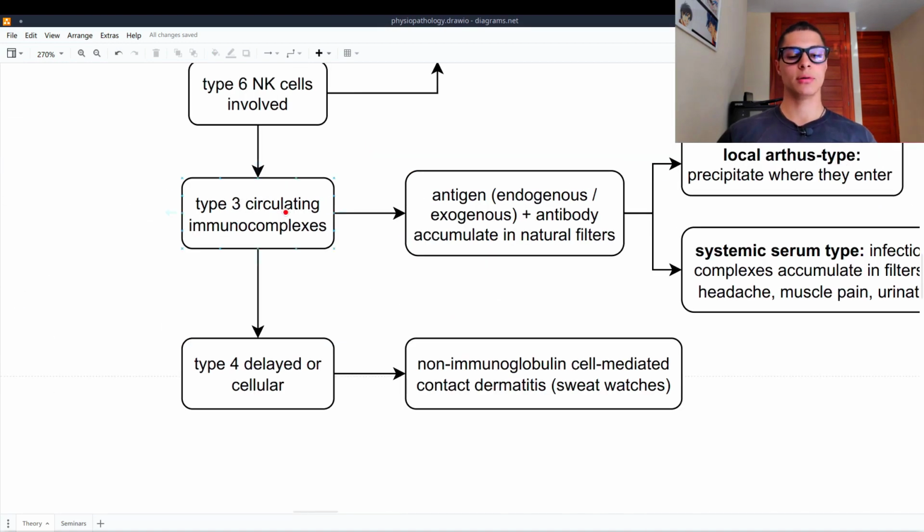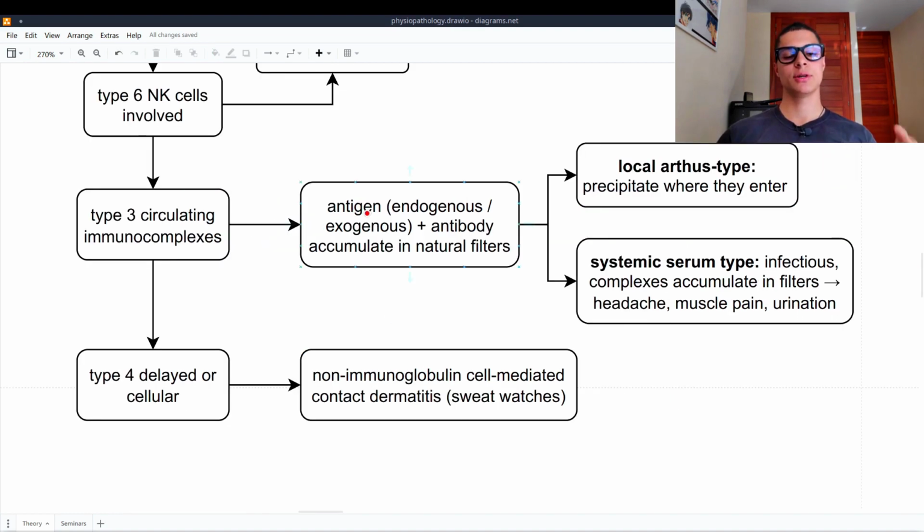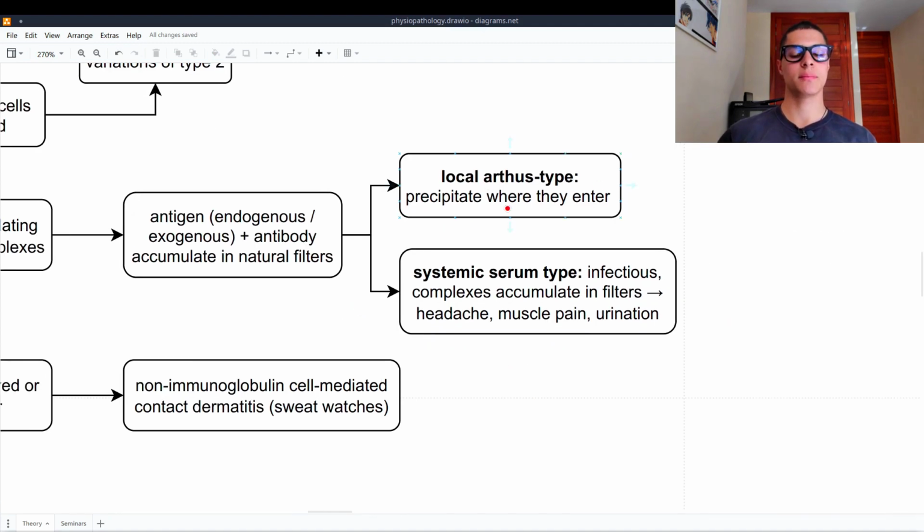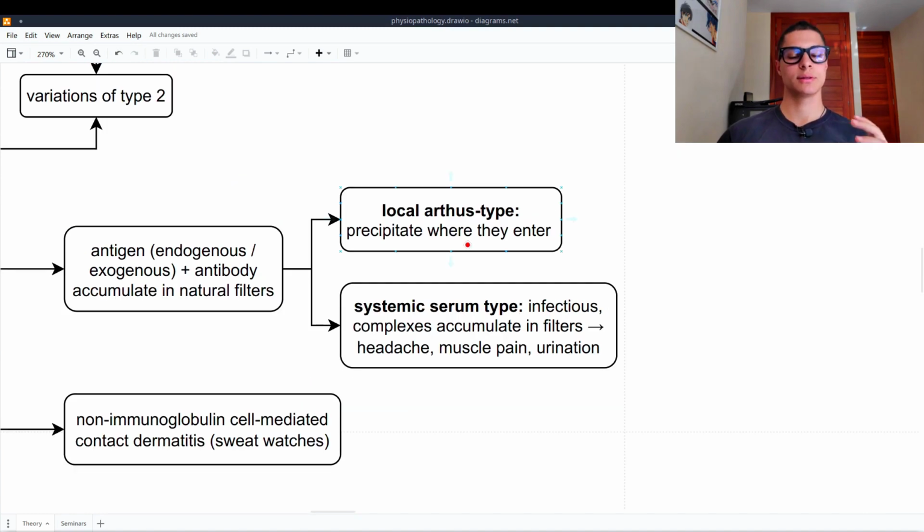Type 3, though, is circulating immunocomplexes. Here we have an antigen, which can be endogenous or exogenous, and an antibody accumulated in natural filters. Local, Arthus type, will precipitate where they enter. If the antigen enters in the skin, then there's this hypersensitivity in the skin. If it's in the eye, then in the eye, for example.